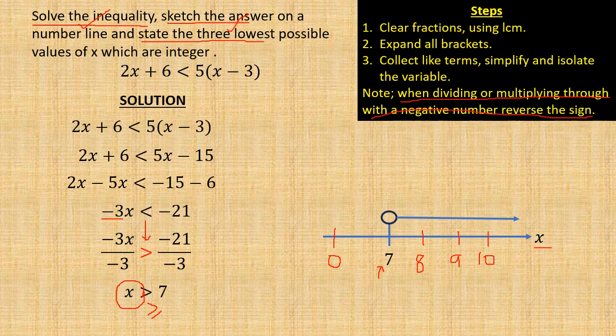Now, our three lowest possible values of x, which are integers, will be 8, 9, and 10. Please note, this number doesn't end in 10. It goes on and on up till positive infinity. But our lowest possible values of x, which are integers, will be 8, 9, and 10. I hope that is clear.